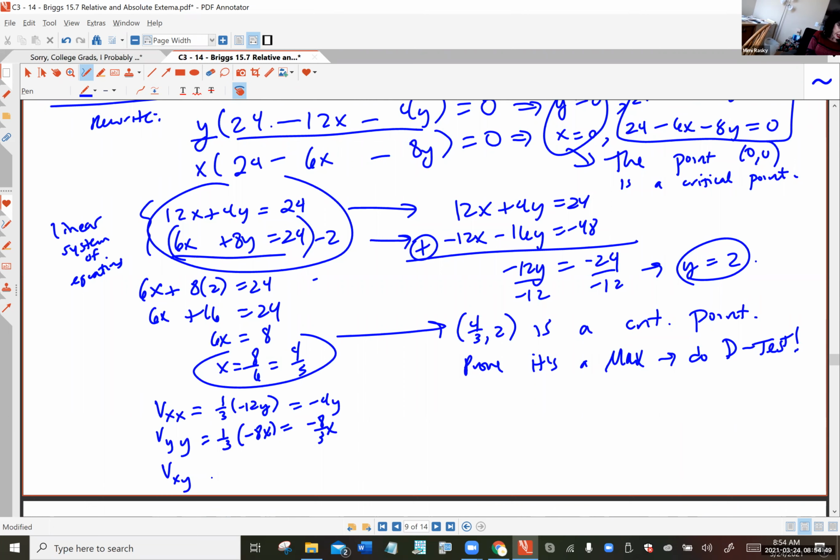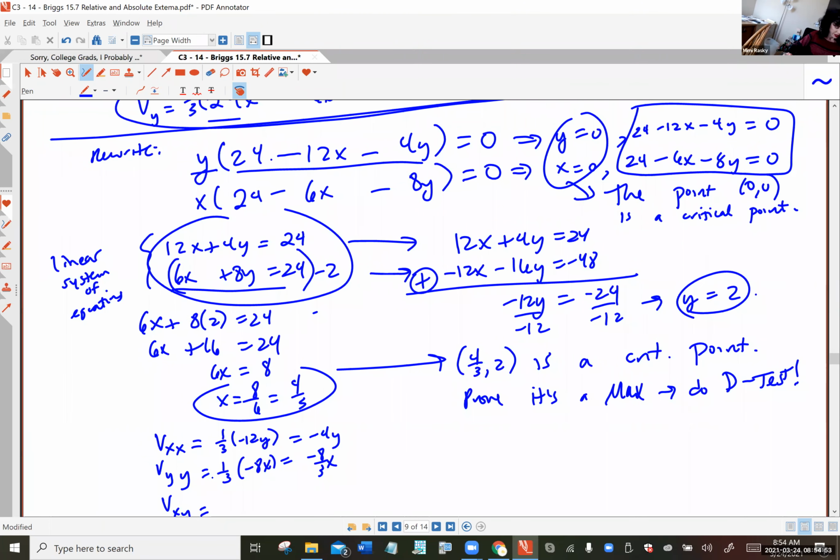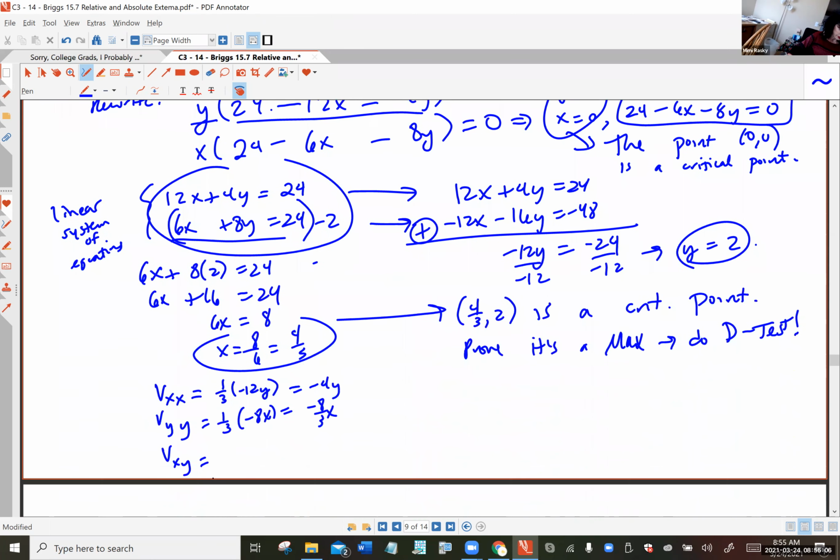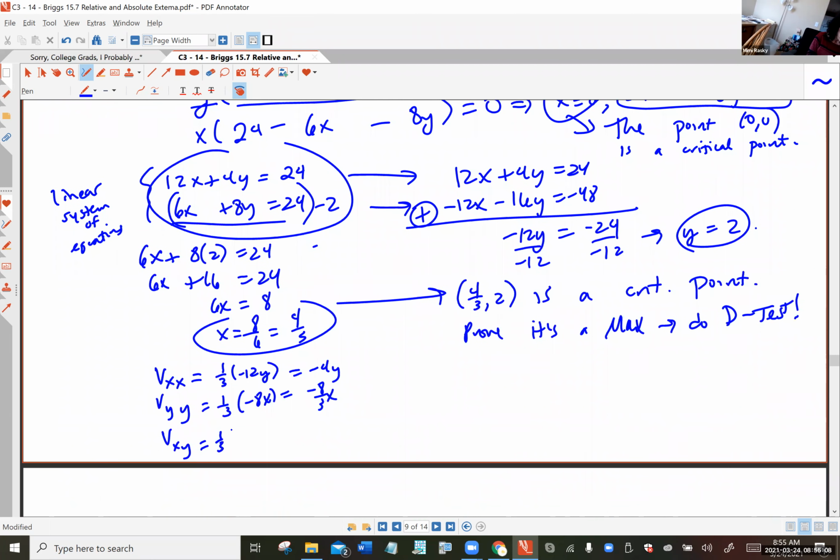For Vxy, which you know is going to be the same as Vyx, whichever one you want to get, I'll get Vxy. So I'm looking at Vx. I'm going to take the derivative of Vx with respect to y. So I'll still have the 1/3, and then 24 minus 12x minus 8y. So it's going to look like this: 1/3 times the quantity 24 minus 12x minus 8y.